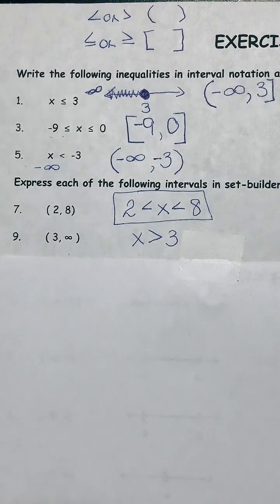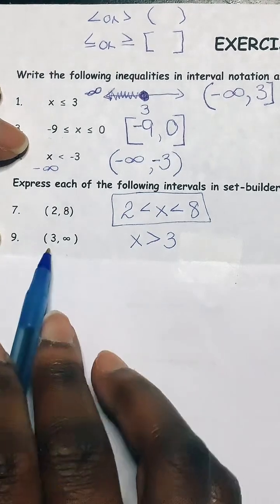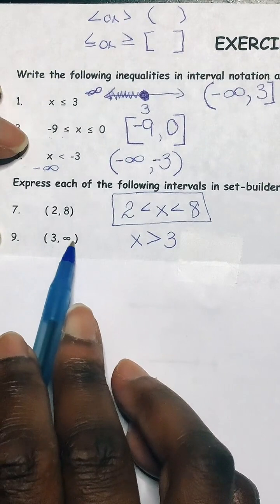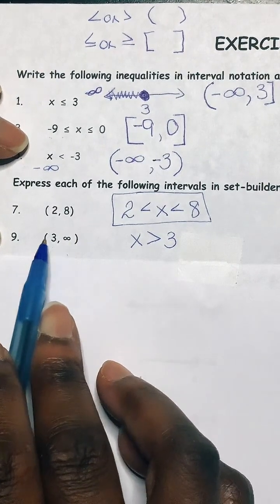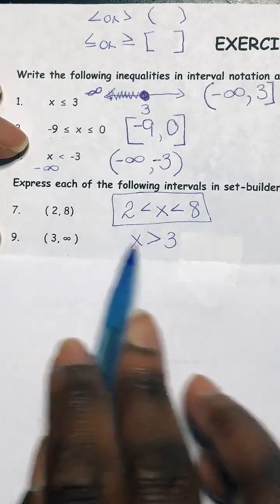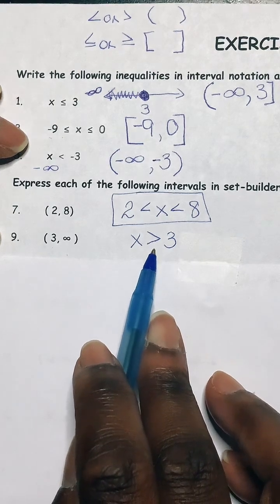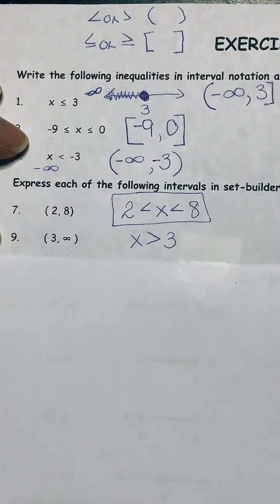Does it include the 3? Oh, yes. Okay. So that greater than symbol is going to take care, right? It's not including the 3 because we have parentheses. Infinity is always going to have a parenthesis, but the 3 has a parenthesis too. So it's not going to be greater than or equal to, it's just going to be greater than, okay?